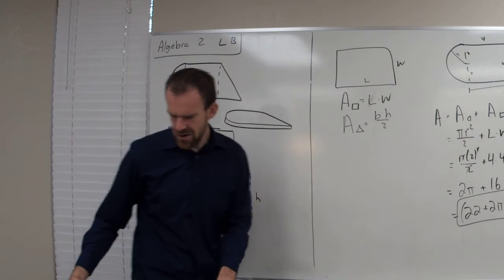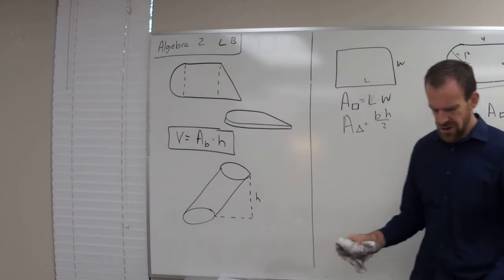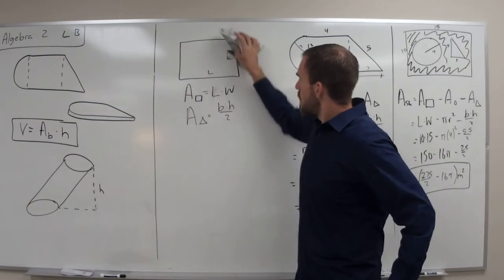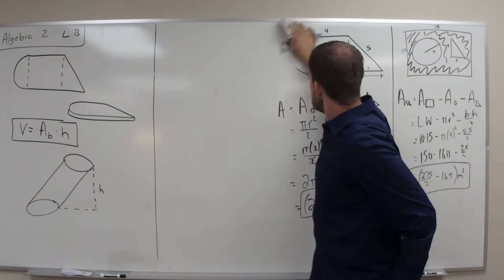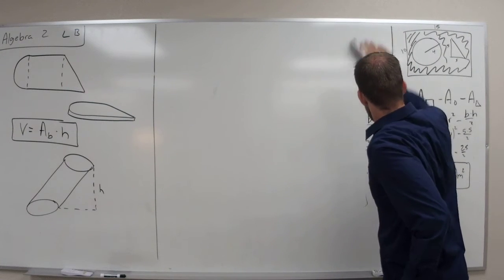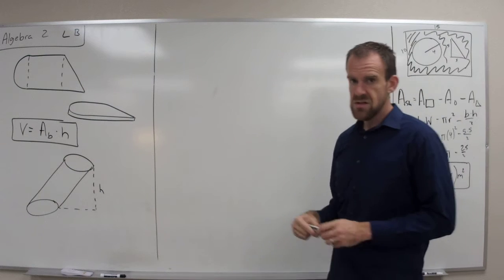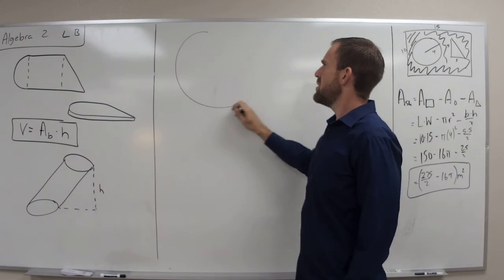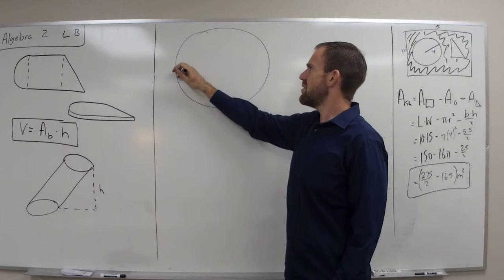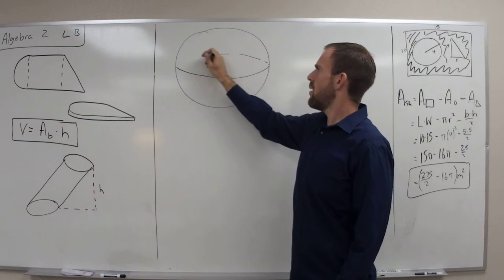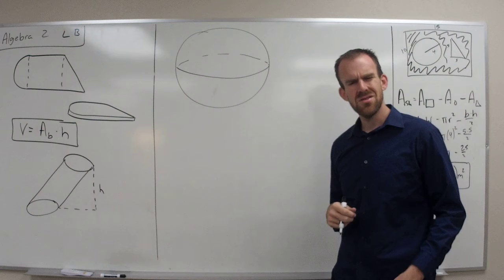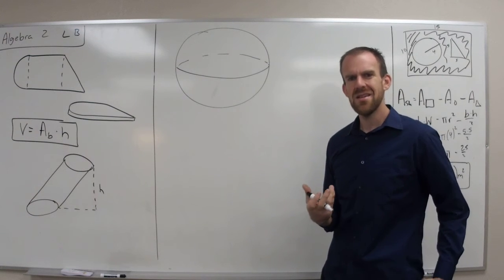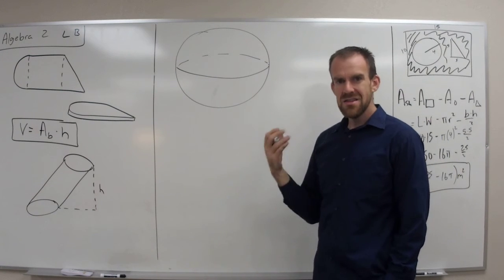Okay, let's talk about ugly things like spheres. So a sphere, think about a basketball, baseball, maybe not a baseball because it's got the little sewing, oh my gosh, threads on it. There we go. So this is a sphere.